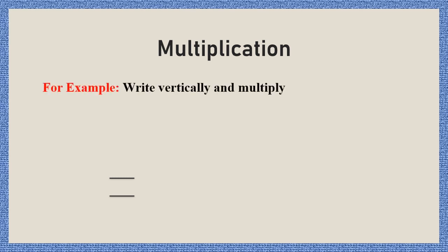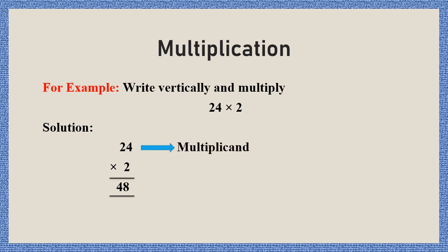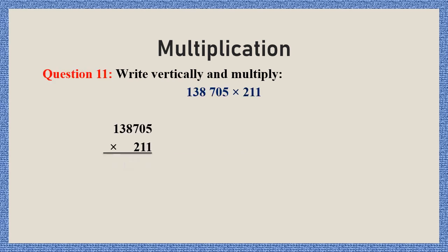Let's understand these term names by an example. We have 24 times 2, which is equal to 48. Here 24 is the multiplicand, 2 is the multiplier, and 48 is the product. Students, I hope you have understood these points.